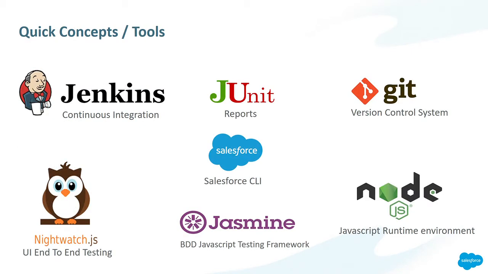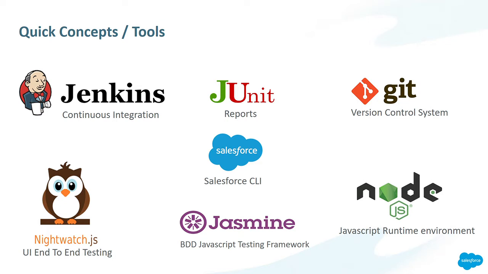Okay, the tools. First one, of course, Jenkins as our continuous integration tool. Git as our version control system. JUnit for our reports. We can generate a report for this. Jasmine, a BDD JavaScript testing framework for our Lightning components.